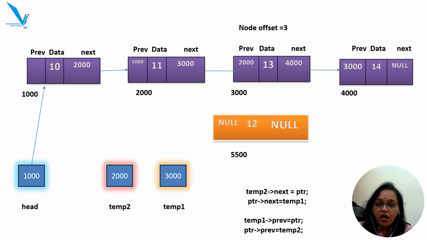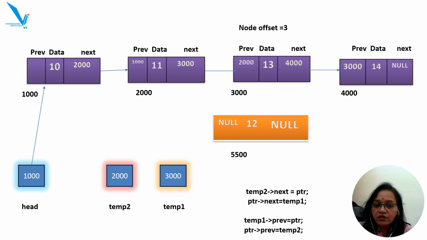Now check out. At this position you want to insert your new node. Okay, so temp2 is pointing to the second node, temp1 is pointing to the third node, and you have to add this new node, the orange node, at the third position. So check out. temp2 of next is equal to pointer. temp2 is 2000, its next is 3000.